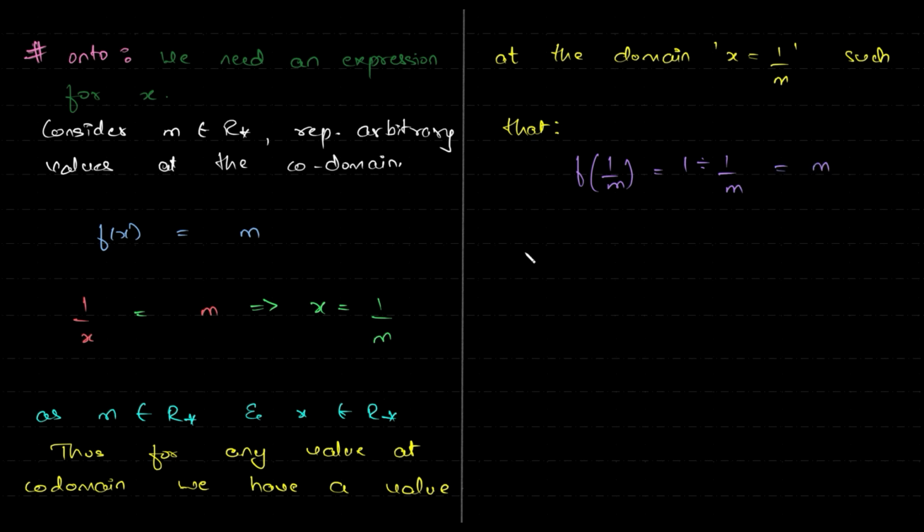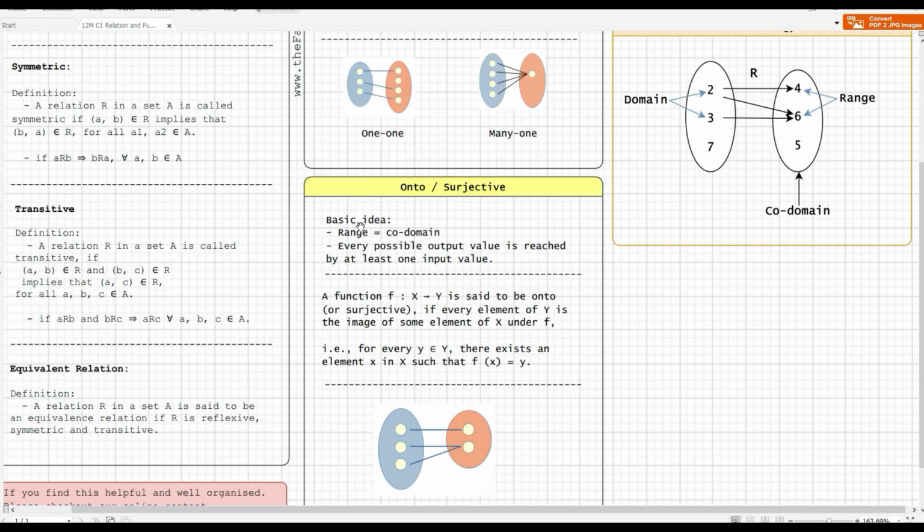That is, for any output value m, I have 1 by m as the input value, from which I can get m. And with this, I can tell that f of x is onto. That's what onto should mean. Onto means that you give me any output value from the codomain, I can give an input value which fetches that. That's the whole idea of onto.